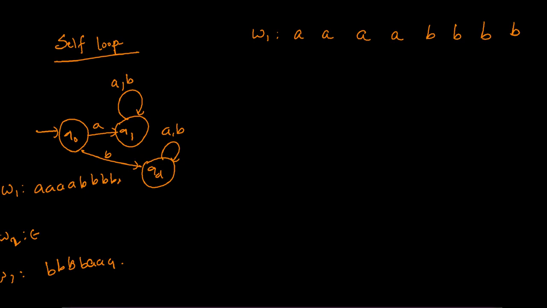So initially you are at Q0. Q0 on seeing A goes to Q1. Q1 on seeing A goes to Q1. Q1 on seeing A goes to Q1. Q1 on seeing A goes to Q1. Q1.